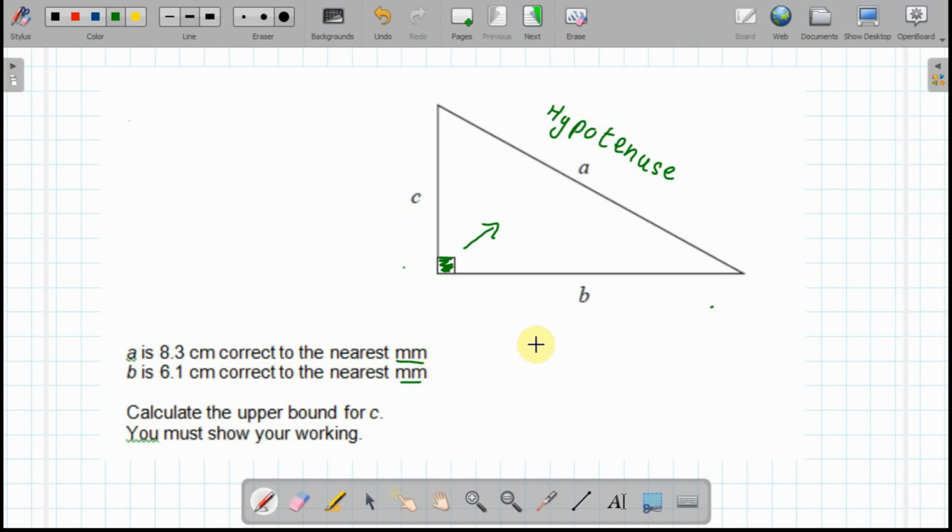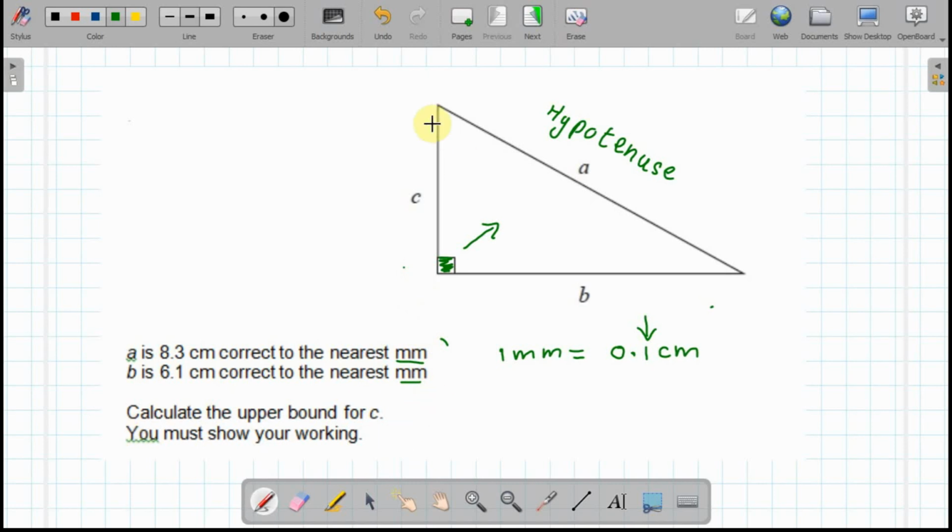Now, 10 millimeters make 1 centimeter, so 1 millimeter is equal to 0.1 centimeter. So we're going to use a degree of accuracy of 0.1, and based on that we're going to find the upper bound for C.